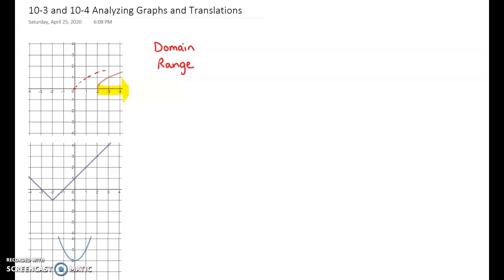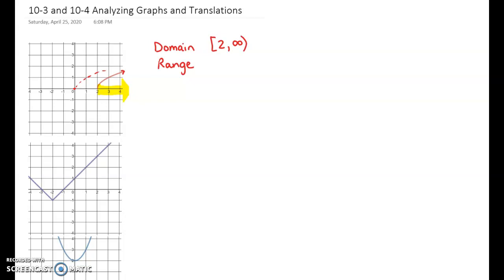We're assuming that this graph continues on as it just goes off the page. So the domain, starting to the left, is going to be 2, and to the right is going to be infinity. Domain always goes left to right.